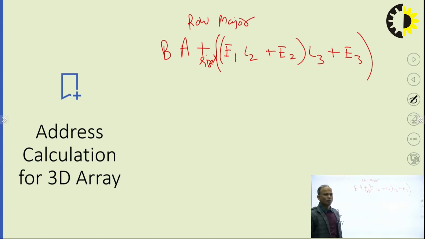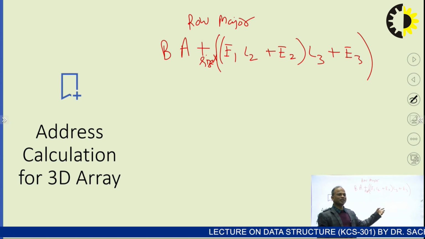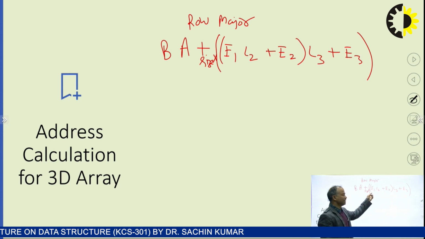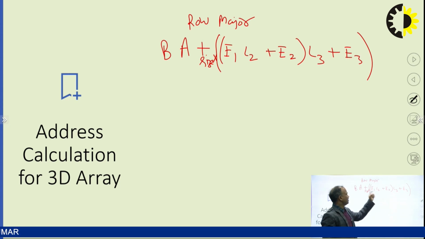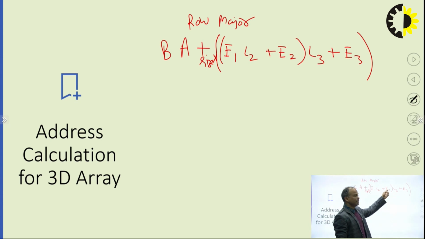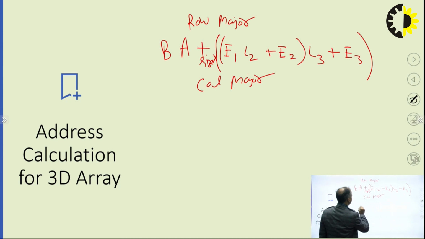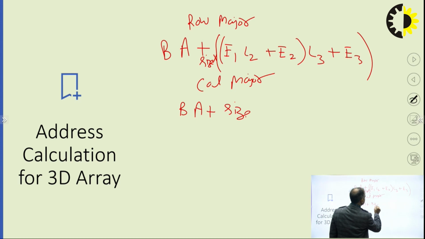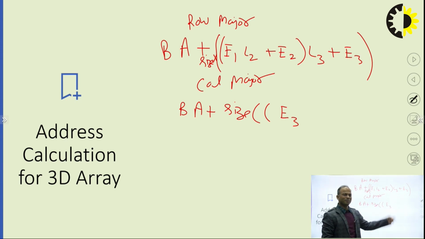So in this way we can find out the formula for the row measure representation. An important point to note down is our observation: the difference is 1. I mean E1 L2 plus E2, whole multiplied by L3 plus E3. Now for the column measure, base address plus size, and we need to start with E3 if we are dealing with the column measure.